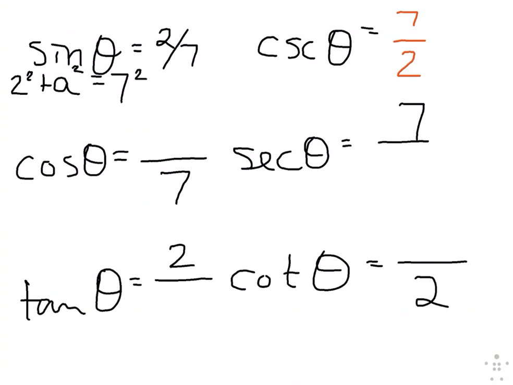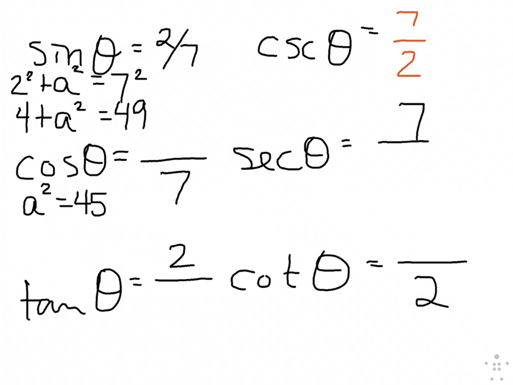What's 2 squared? 4. What's 7 squared? 49. In order to solve for a, we're going to subtract 4 to both sides. What's 49 minus 4? 45. Good. So I have a squared equals 45.